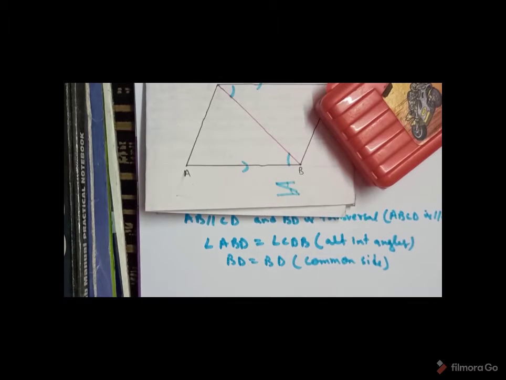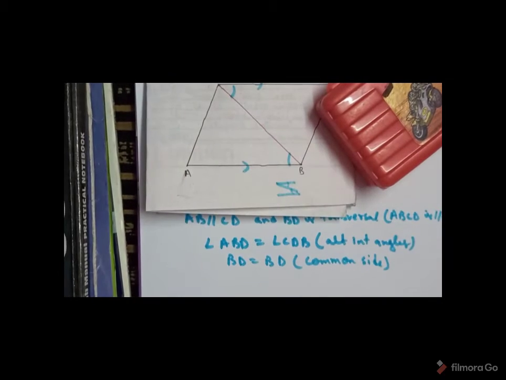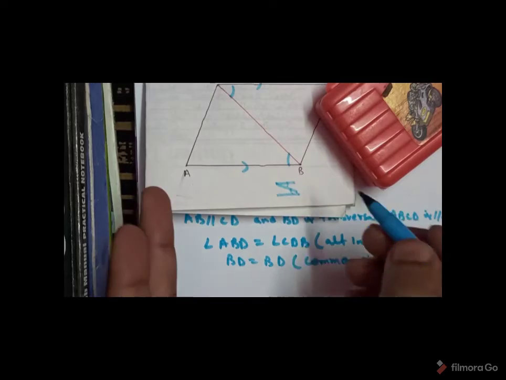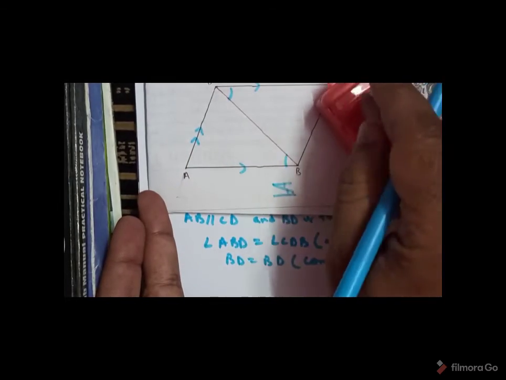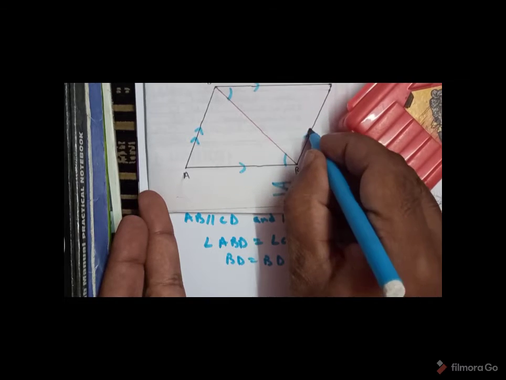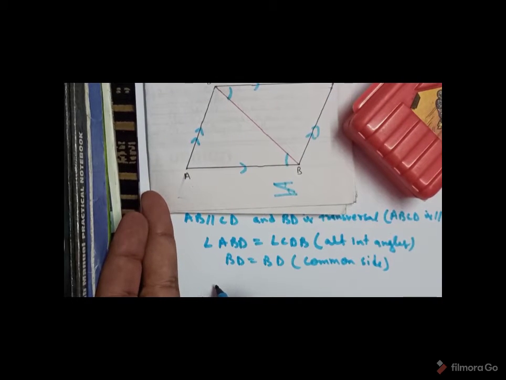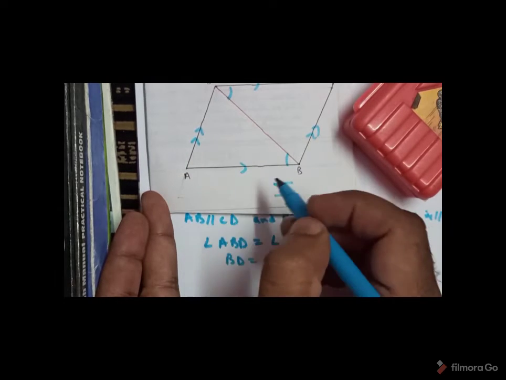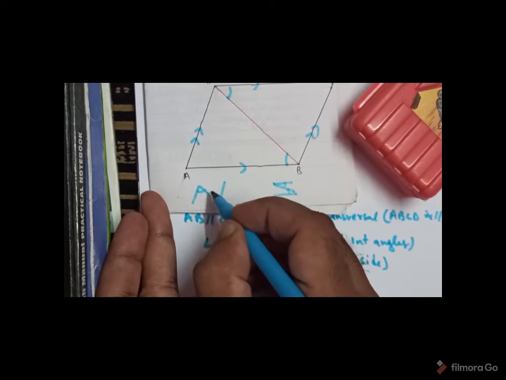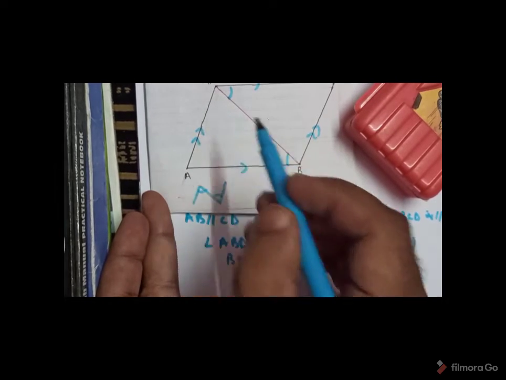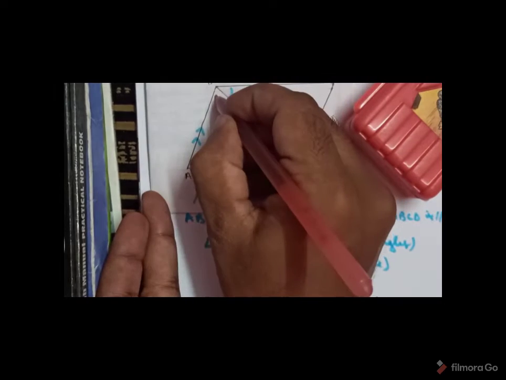Now if we take a look at AD and BC, AD is parallel to BC.